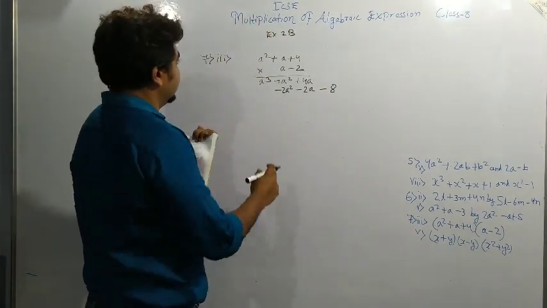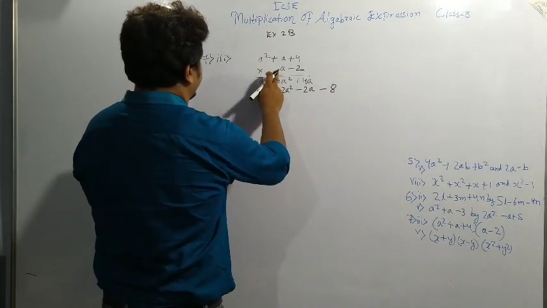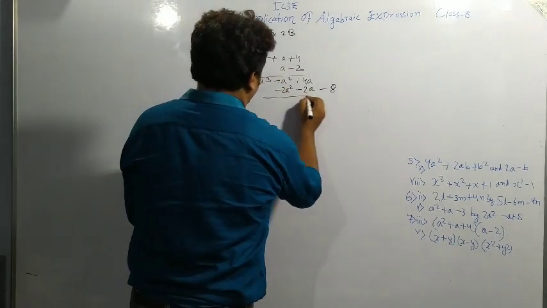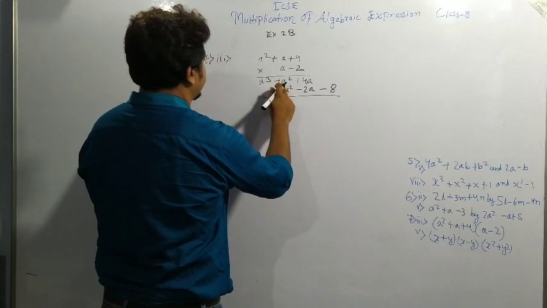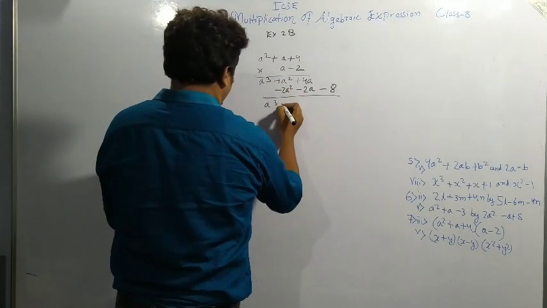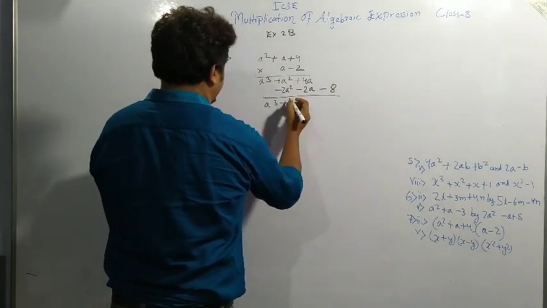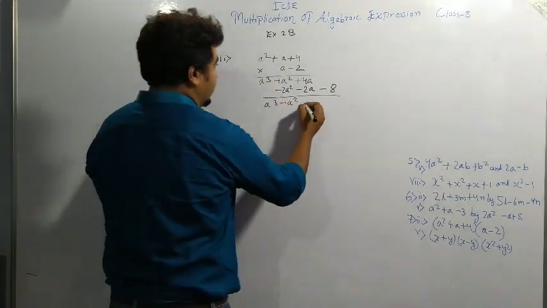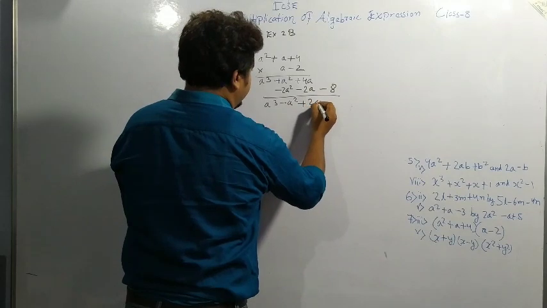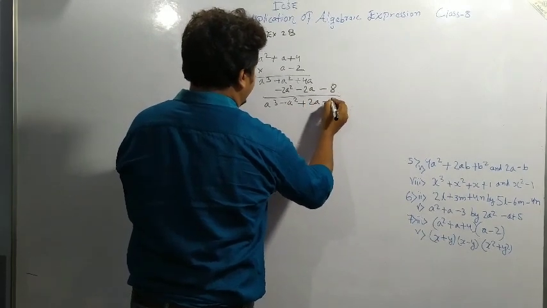So first we are getting a cube, and this is a square minus a square, because plus minus is minus, and this is 2a minus 8.